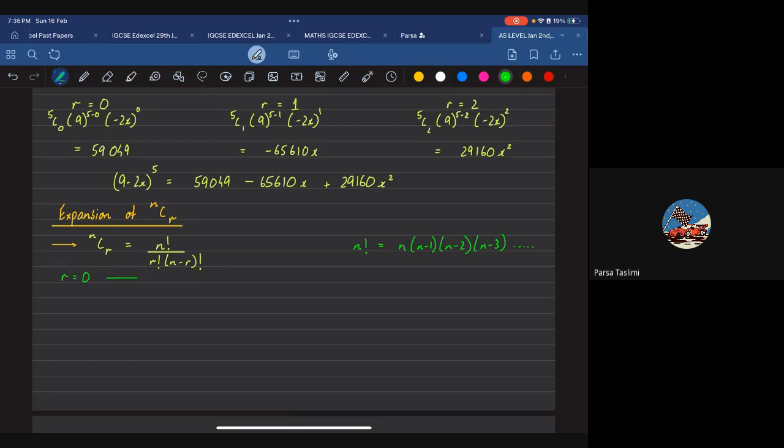Then what's going to happen? 0 factorial is 1, and you're not dividing anything by 0. I'll write it down so that you guys can understand better. nC0 is always going to be equal to 1.